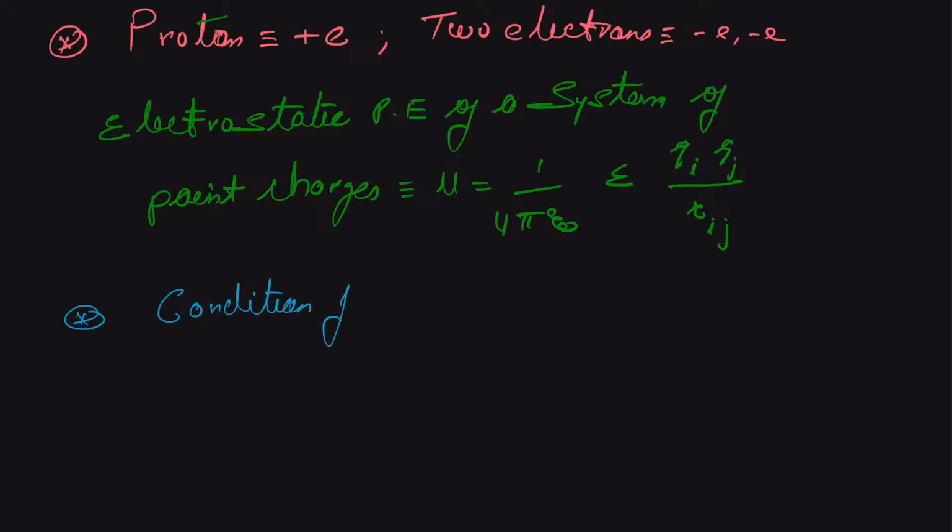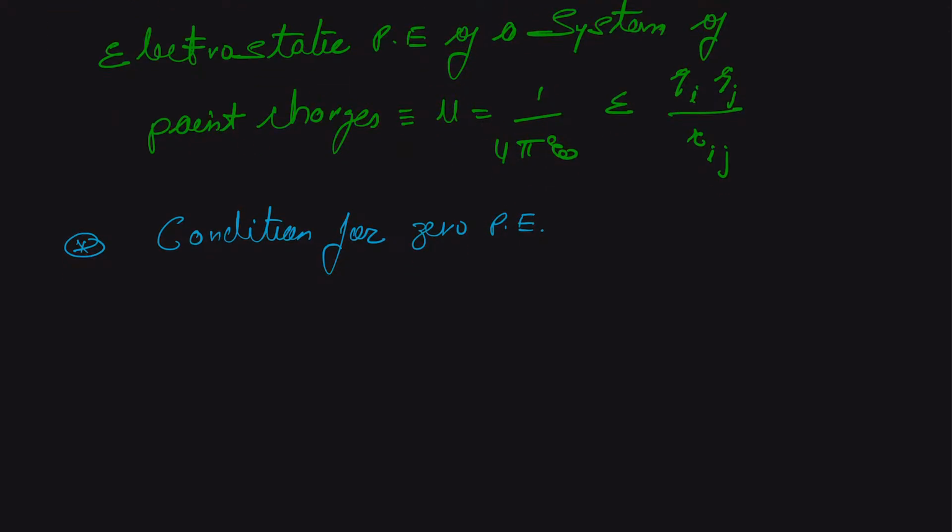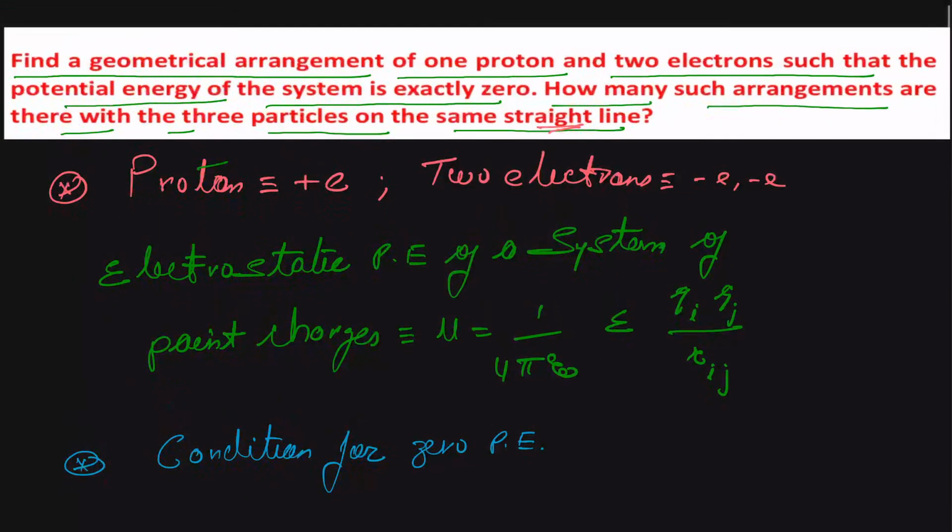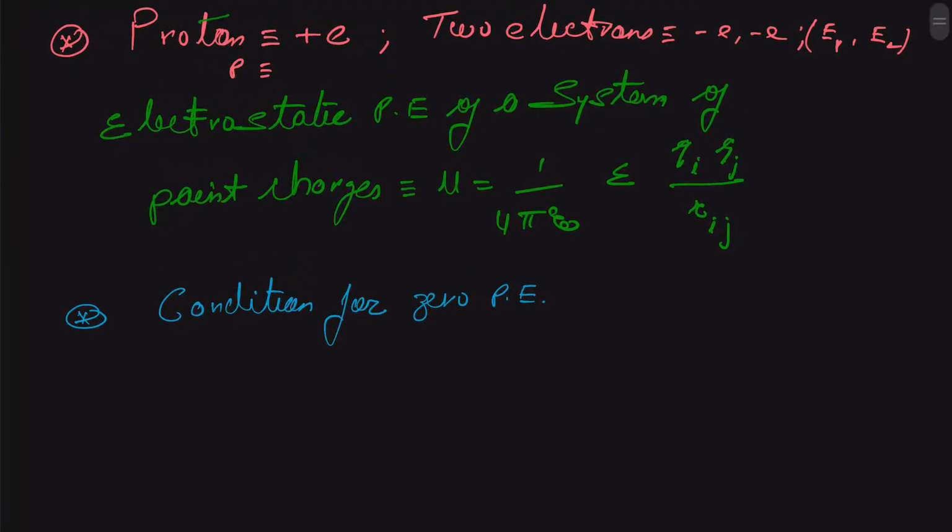Let us denote our 1 proton as P, and the 2 electrons as E1 and E2. This is only a notation; later on we can put plus e and minus e if required.